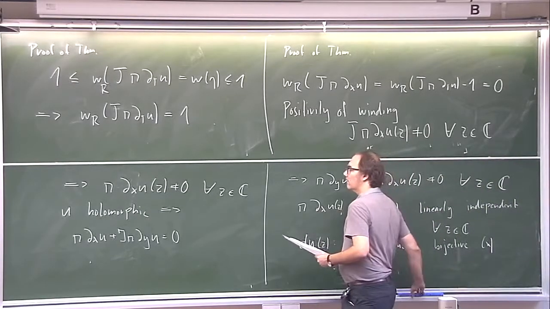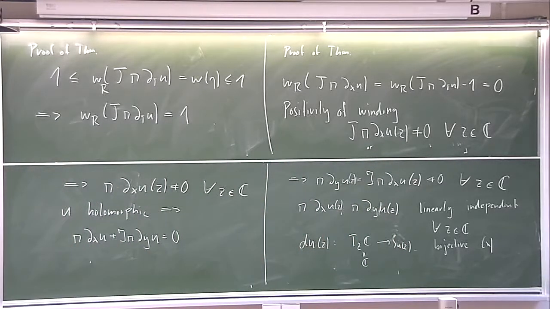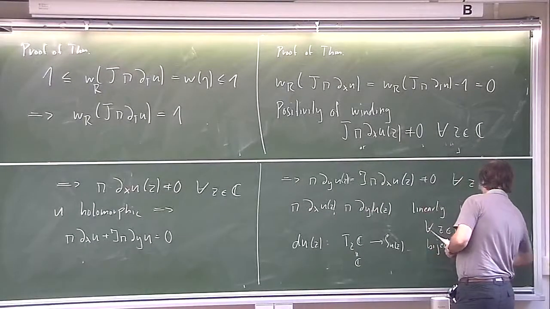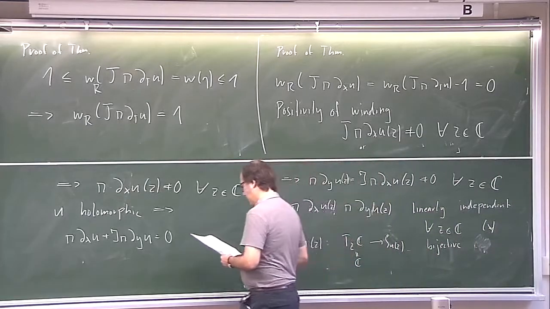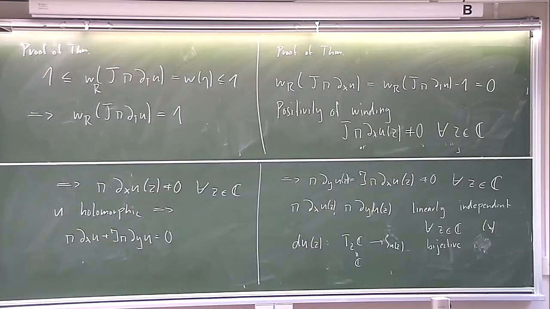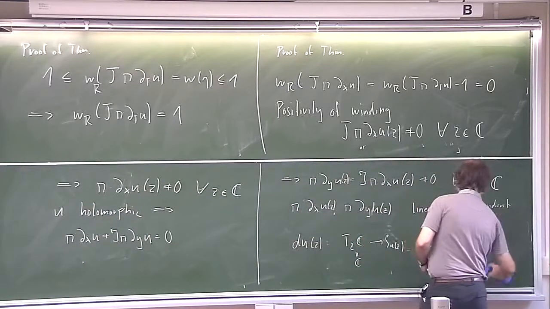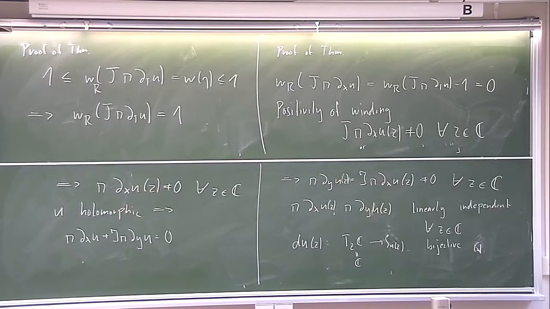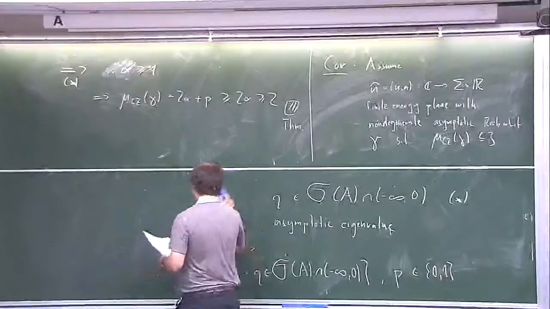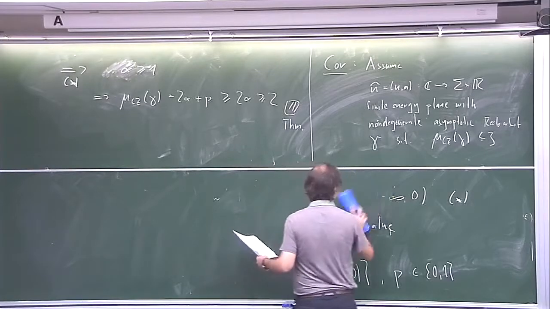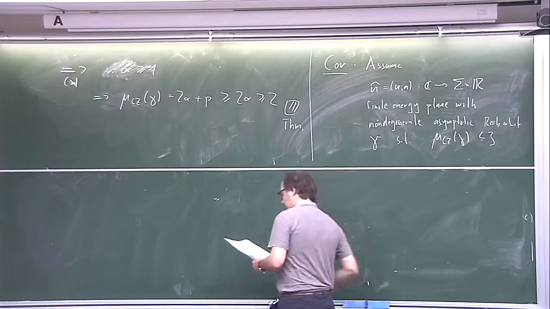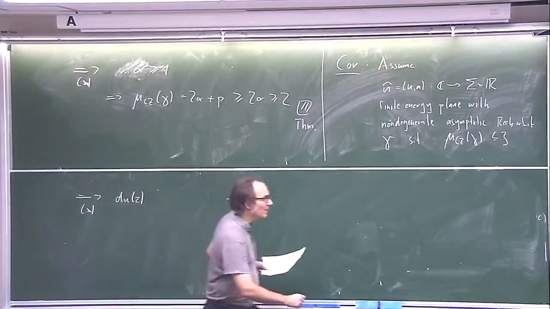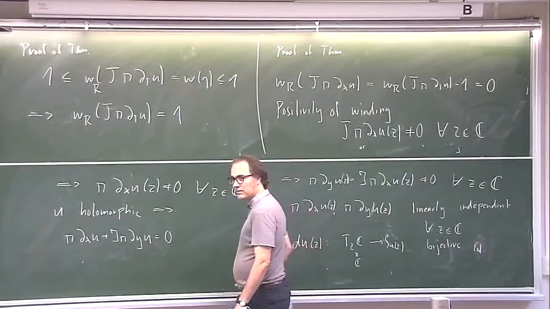Call this star. So this pi du of z is a bijection.